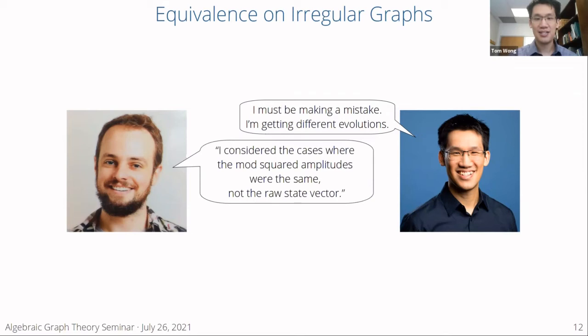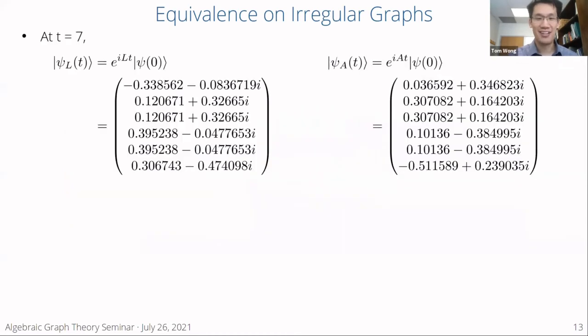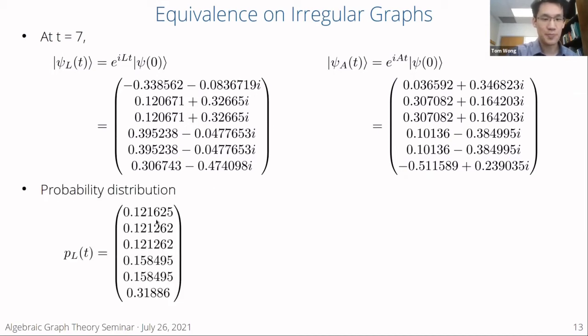He was looking at the mod squared amplitude, or the probability distribution. Oh, okay. Because if you're actually measuring the quantum walk, what you care about is the probability. So you take the norm squared of each of these elements, and the probability distribution of the Laplacian quantum walk is this.